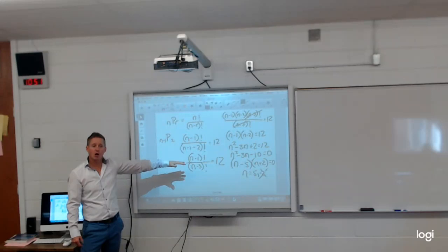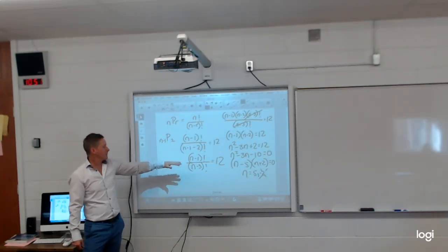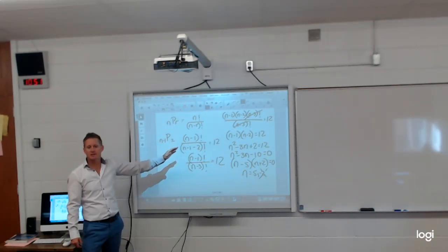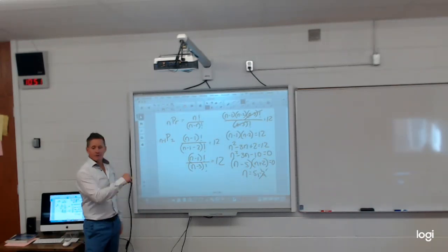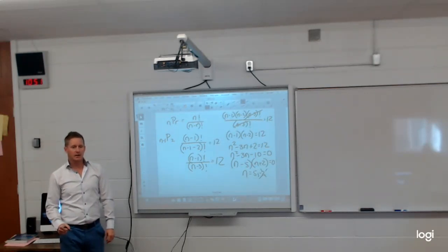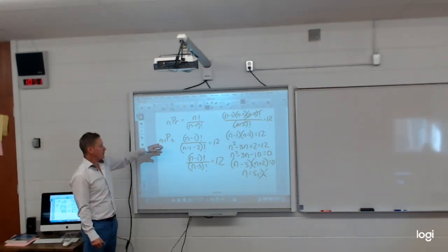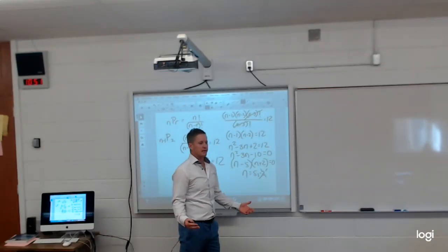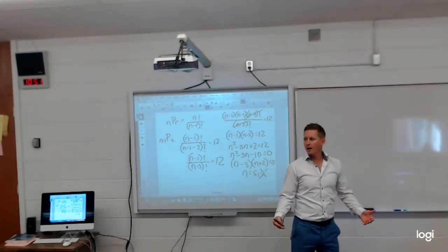Now you should show what you're doing. So if you're putting in 6 and you got 5P2, then write down 5P2 equals whatever it is. 20. Didn't work. That's okay.